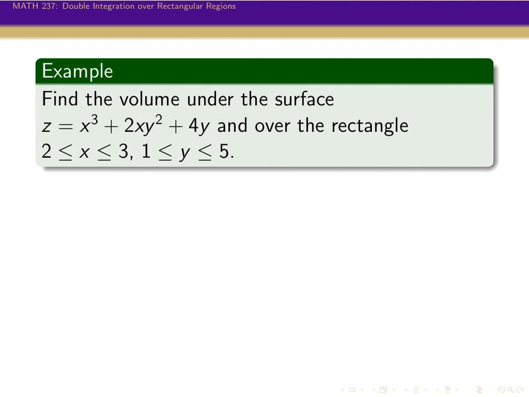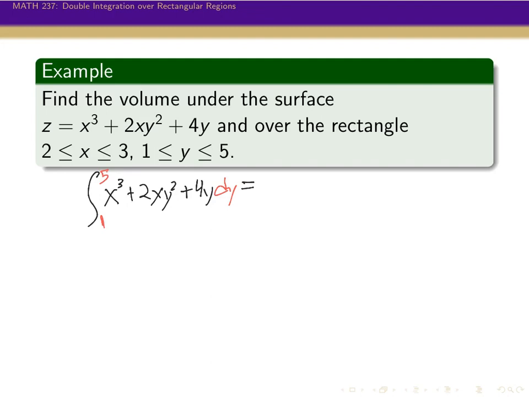Okay, so if we go back to the beginning and we do this in terms of y first, so we have our function 2xy squared plus 4y, but now we're going to integrate it in terms of the y values first.